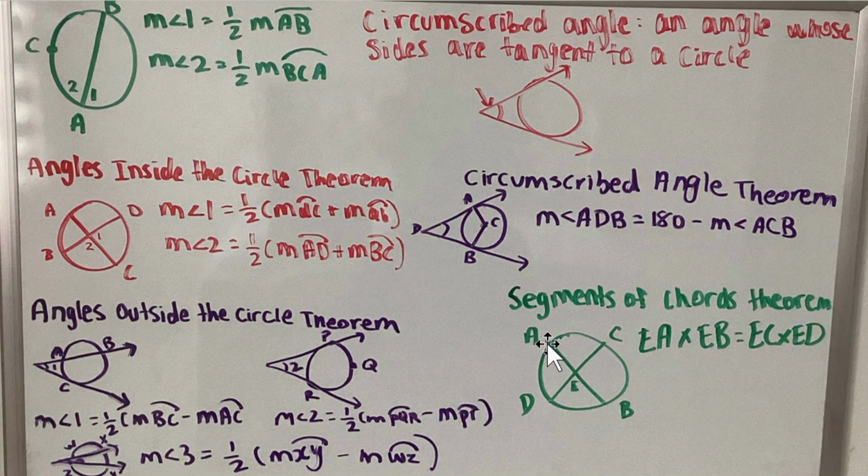Sometimes it's like, okay, AE is 7, EB is X, CE is, I don't know, 6, and ED is 3. Like, what is it? It's like 18 over 7. You see what I'm saying? Okay? So now when you look at it, you're like, oh my god, I learned this much. But it's actually really simple. Okay?